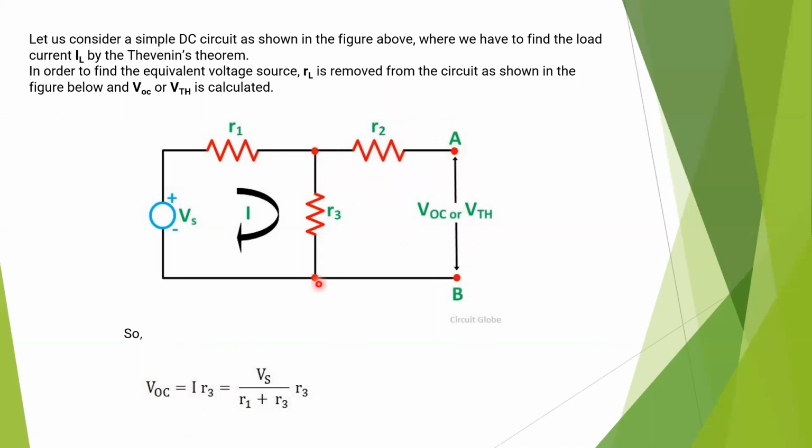That's why we are considering the voltage drop across R3. So it will be I into R3. The value of I should be equal to the total voltage divided by the total resistance, that is R1 plus R3, multiplied by R3. That should be the open circuit voltage value.